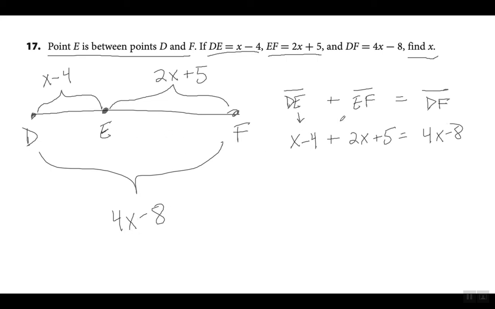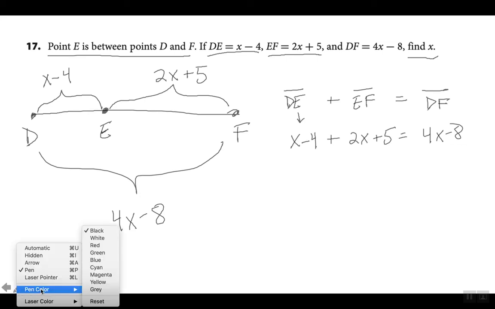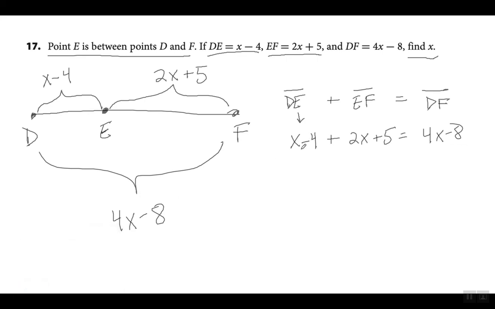Now I'm going to follow the same process and combine like terms. First I'm going to add x plus 2x, and that's going to give me 3x. Then I'm going to add the negative 4 plus 5. Negative 4 plus 5 equals positive 1. On the right hand side, I still have 4x minus 8.